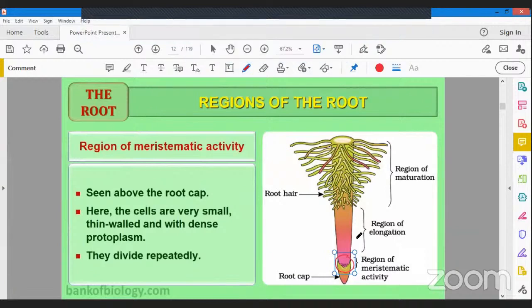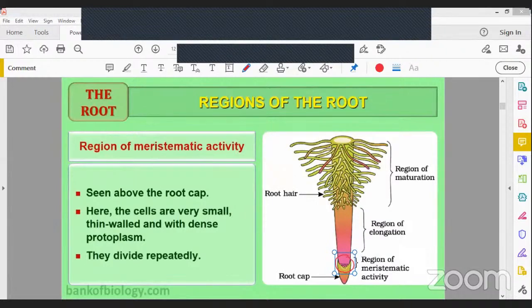Take down: region of meristematic activity, where cells will keep on dividing.